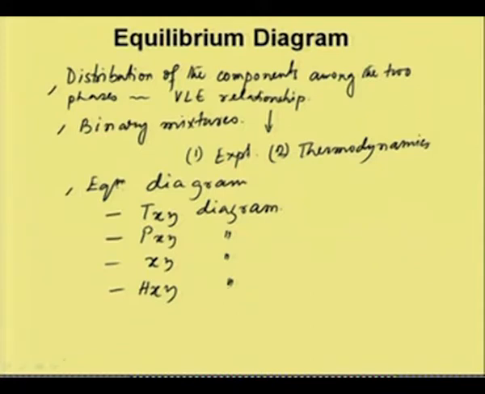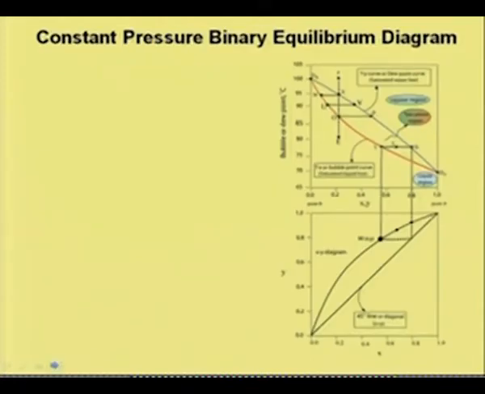So, now we will consider the TXY diagram. It is a constant pressure binary equilibrium diagram. If boiling point is plotted versus liquid composition, X, the liquid composition, then we call it the bubble point curve.